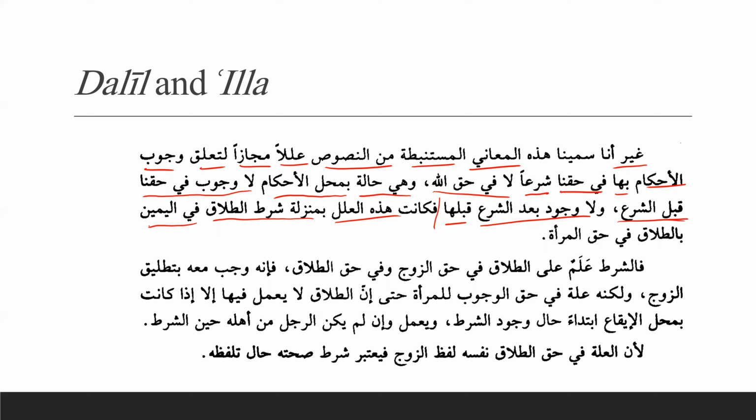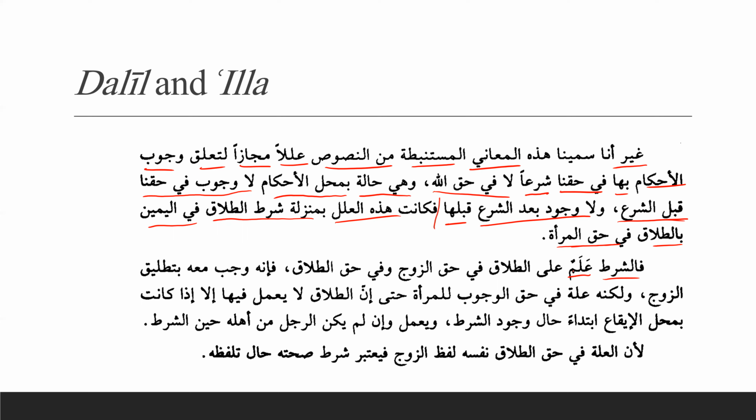When a man makes a conditional divorce with respect to how the woman views this condition. So what's the example? A husband says to a wife, in other words, if you do such and such, then you are divorced. So he says the illah is like that condition with respect to the woman. So what does he mean? He says this condition, if you do such and such, is a marker.